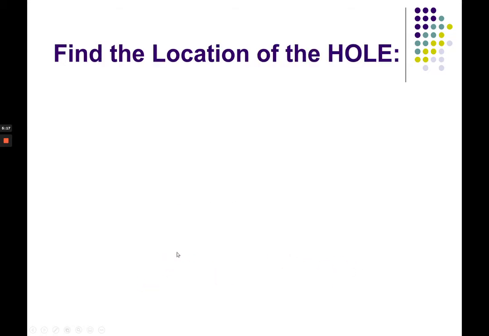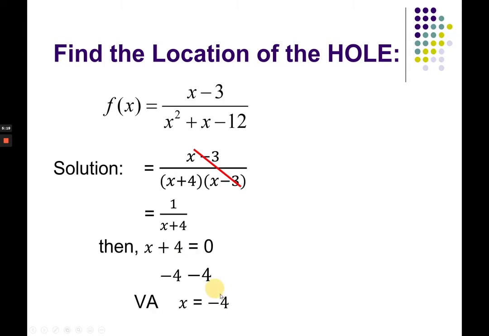Let's continue the work. Remember, we found your vertical asymptote at negative 4. To find the location of the hole, we are going to equate your cancelled factor to 0 and then find the value of x. Add 3 to both sides, and so x is equal to 3. The x-coordinate of the hole is 3. How do you find the y-coordinate of the hole?